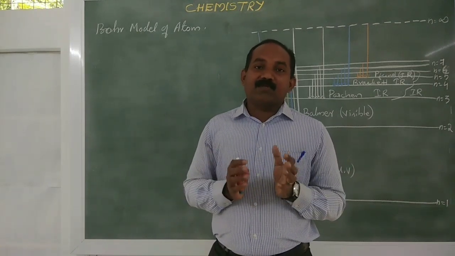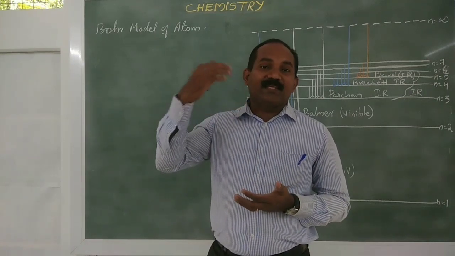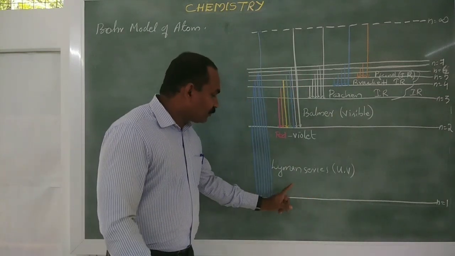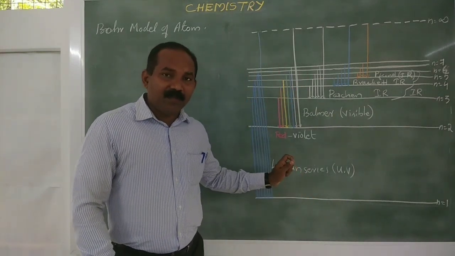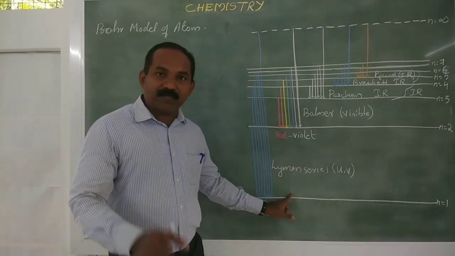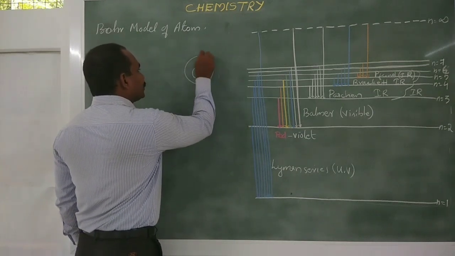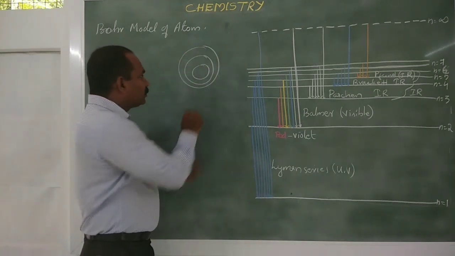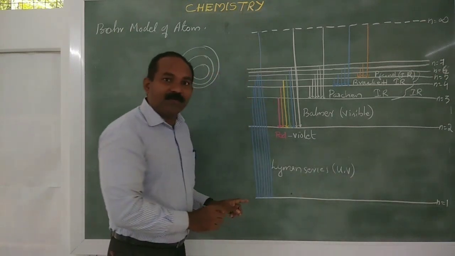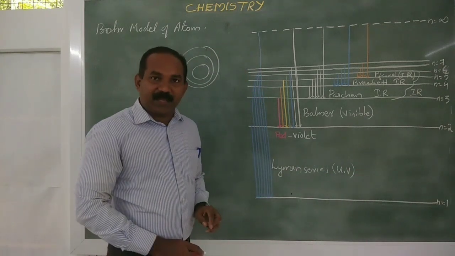Consider the hydrogen atom, with one electron in the first orbit. You remember first shell, second shell, third shell. The shell is drawn like a line for convenience.